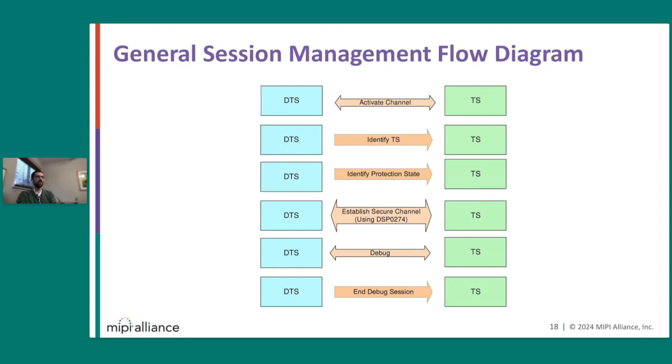And then using the SPDM protocol, DTS and TS both interact to establish the shared session keys. Once that's done, then normal debug can commence, and then at some point the DTS would end the debug session.